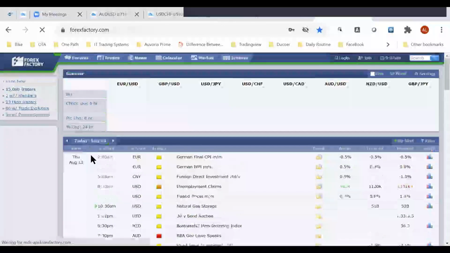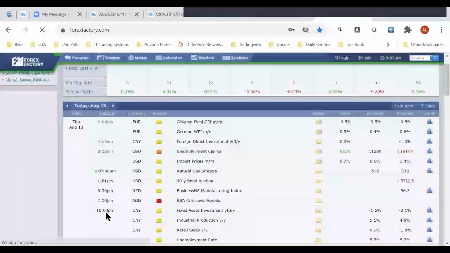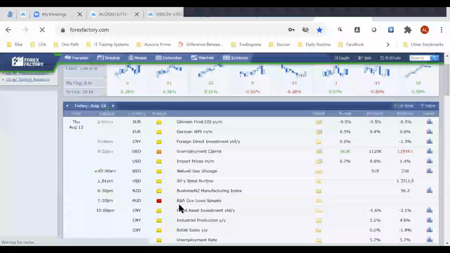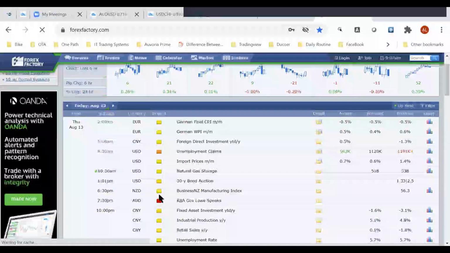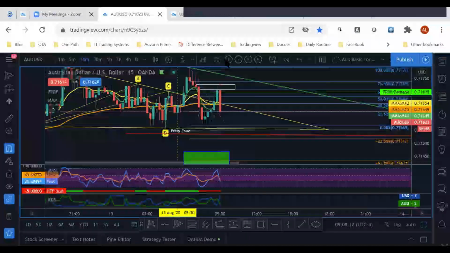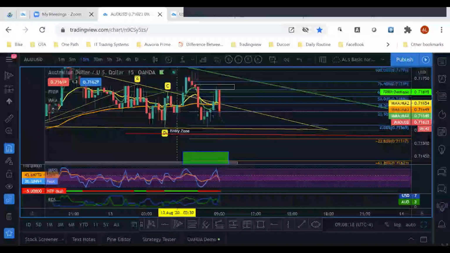Today's Thursday the 13th at 10:30. Nothing really until Aussie at 7:30 p.m. tonight. And that's probably why we're getting whipsaw so bad. The news is probably getting out, and no one knows what to do with it. But they're taking positions for whenever the announcement's going to be.